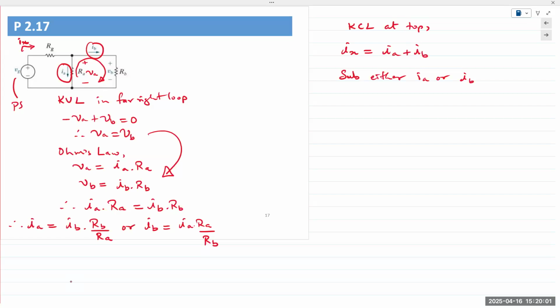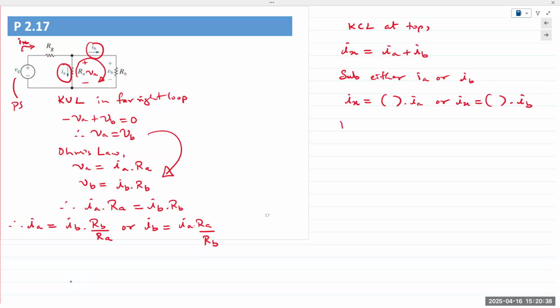Once you have this, you will have IX is equal to some constant times IA, or you will have IX is equal to some constant times IB. So you'll have IX, the total supply current coming from the power supply, in terms of either IA or IB. You choose whichever one you want. Doesn't really matter.